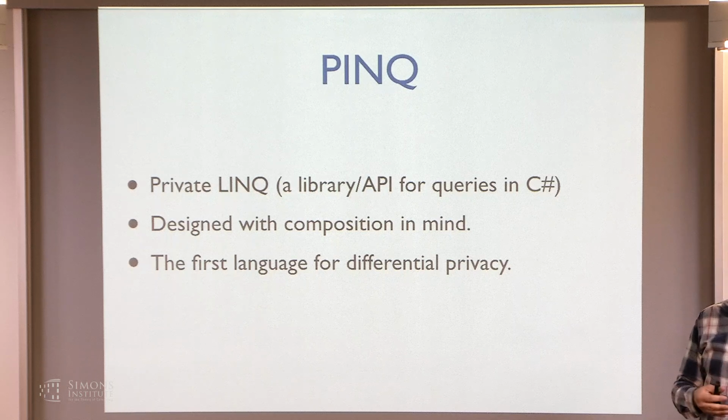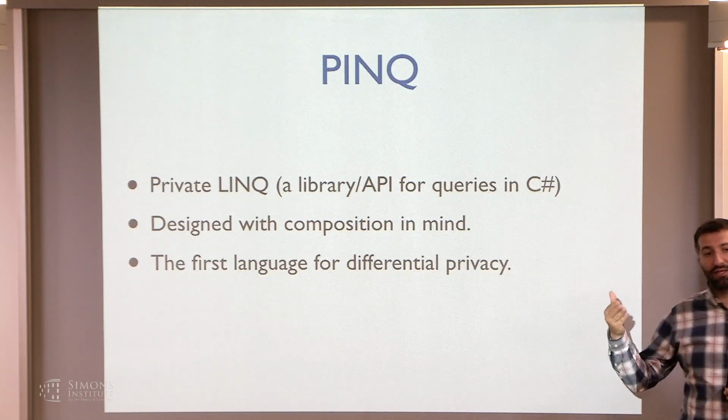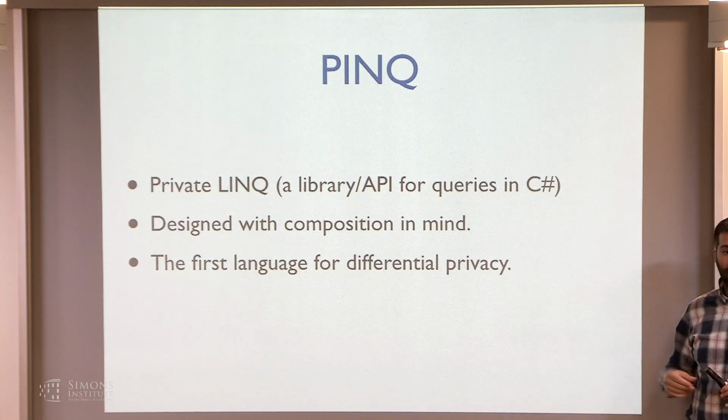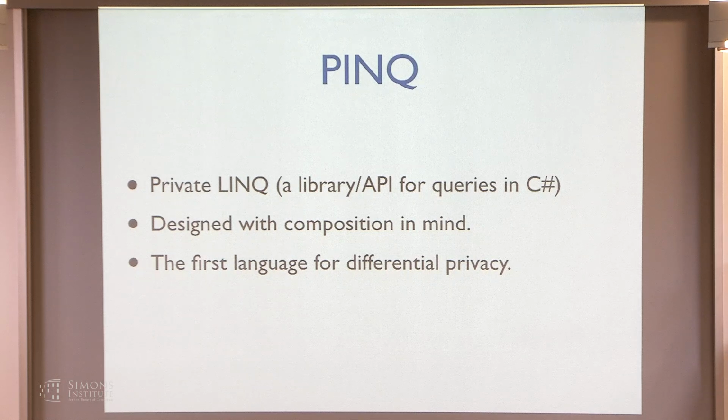It was a language providing the primitives I showed you before, like where, count, and so on, to support the design of SQL kind of queries. And Frank extended it to address differential privacy. It was the first language that was designed with composition in mind. So the principle it provides is really this principle about composition.